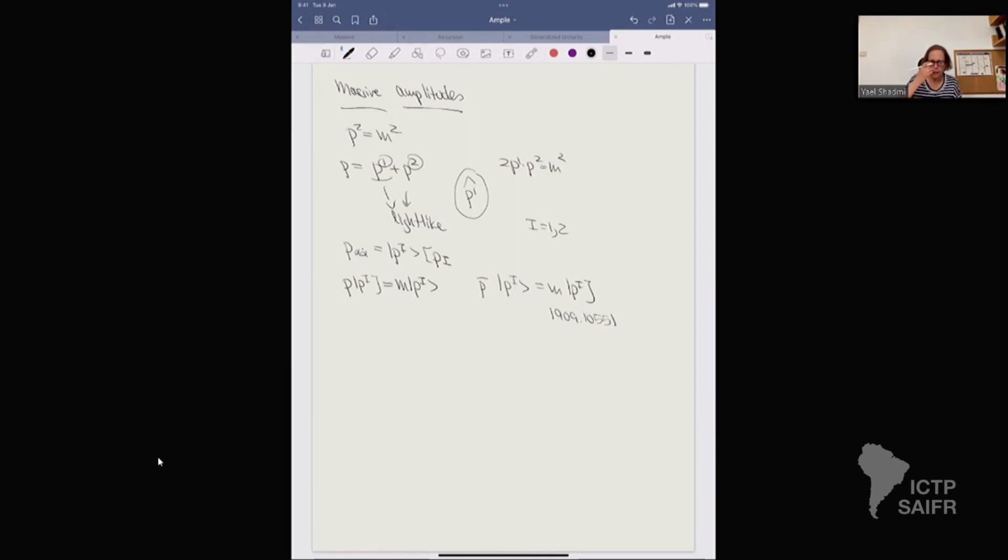Okay, and we also said that this index is really the little group index. For the massive case, the little group is SU(2). And so this is the SU(2) little group index. And under a little group transformation, lambda_I, for example, goes to W_I^J lambda_J, where this is the little group SU(2) transformation.